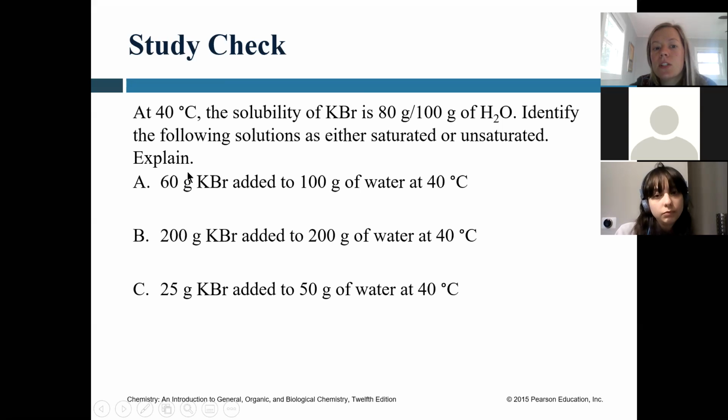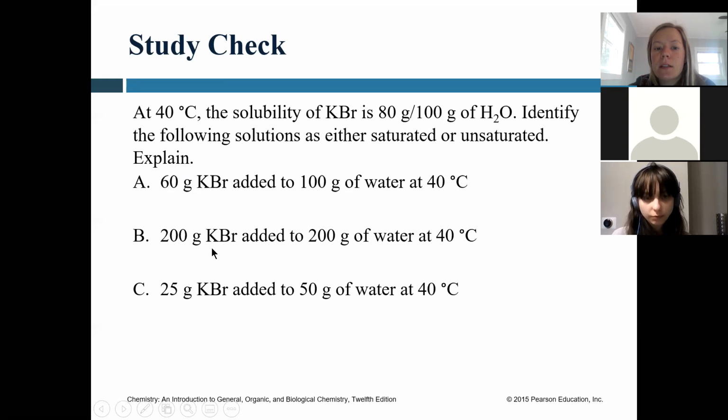Okay, so this first one says you have 60 grams of KBr in 100 grams of water. Would we say that that's saturated or unsaturated? Look at what the saturation point is. Saturation is 80 grams in 100 grams. We're only at 60 grams in 100 grams. So we would say that that's an unsaturated solution. There's still 20 grams that this material or this 100 grams can hold.